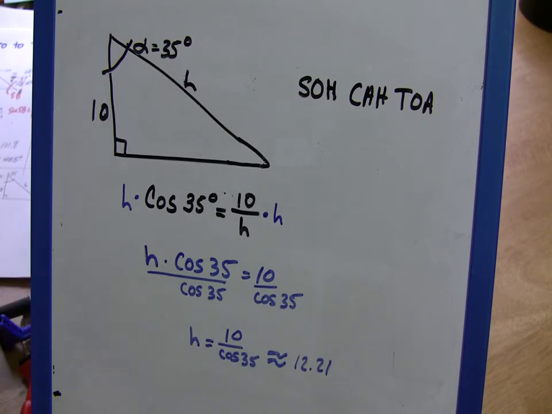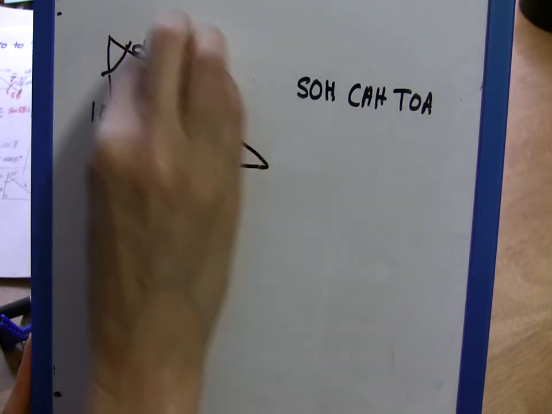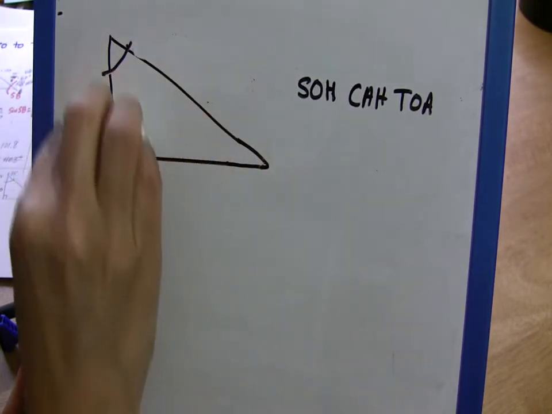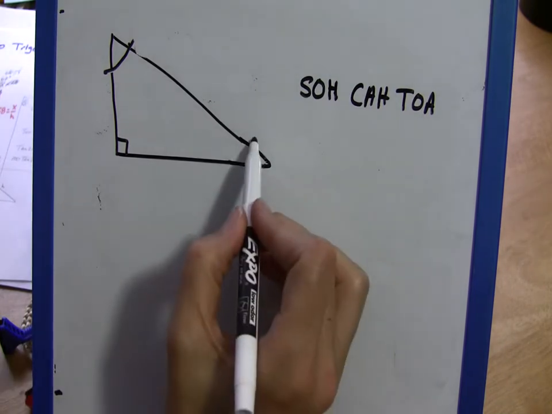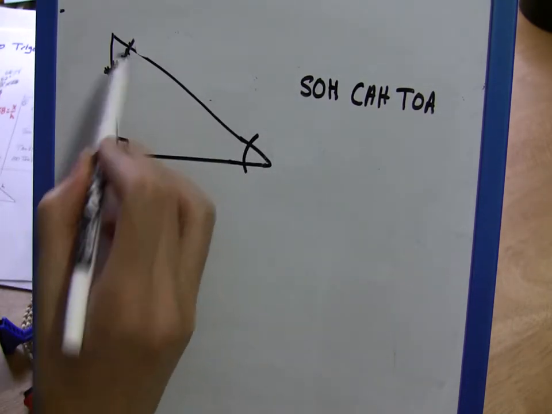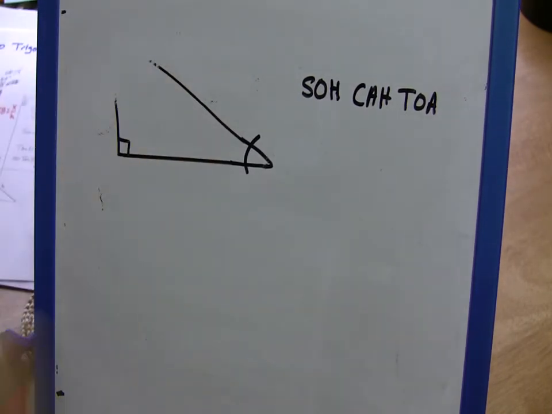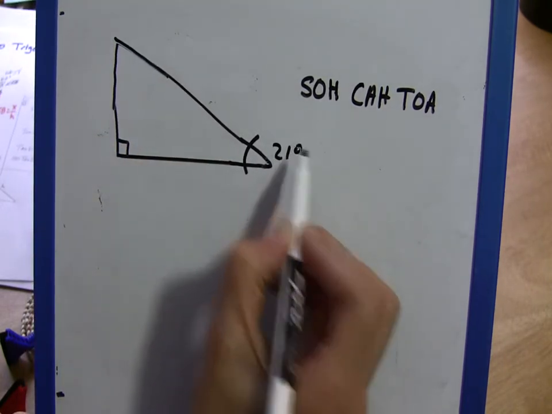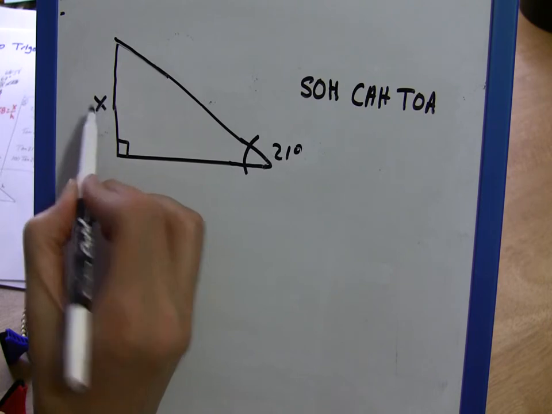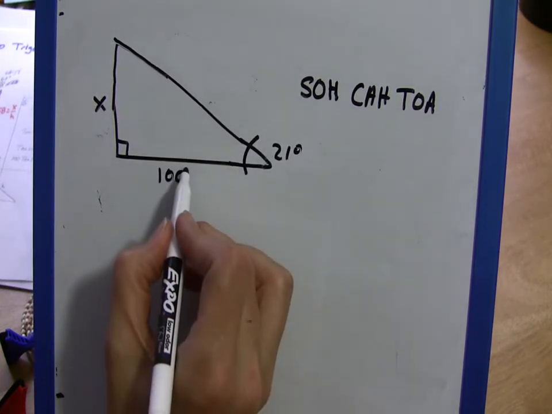I think if I'm very quick, I can do a tangent example. Let's deal with this angle again and not this one. We are going to call this 21 degrees, we're going to call this x, and we're going to call this 100. So this is actually an almost realistic problem.